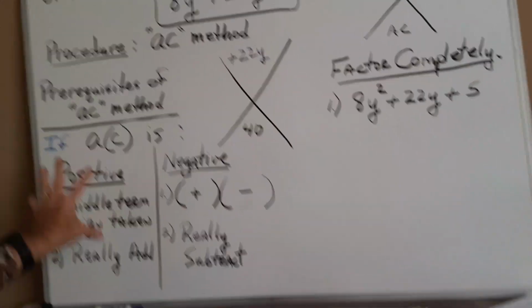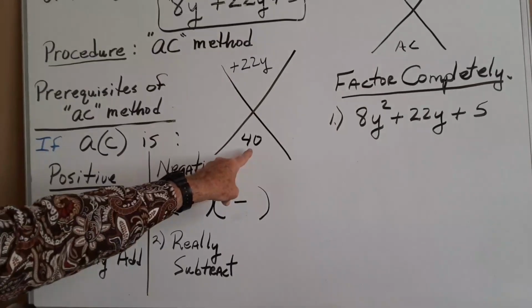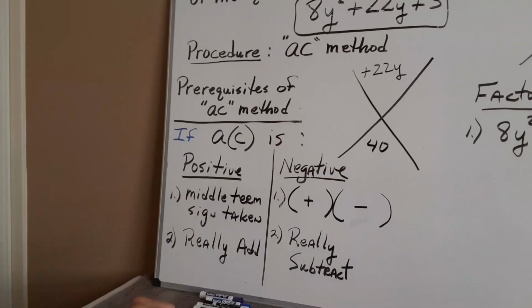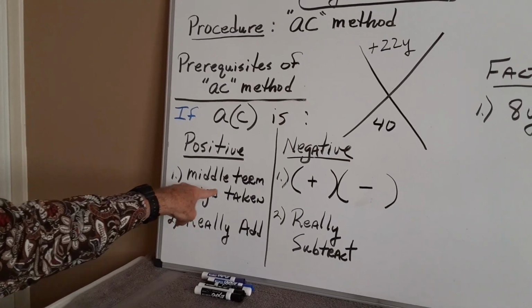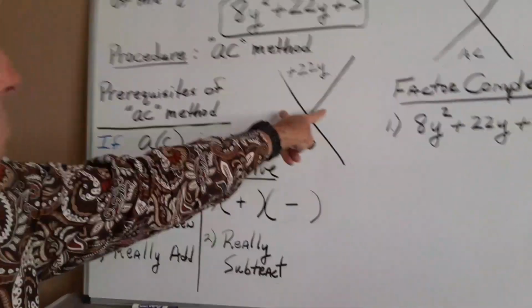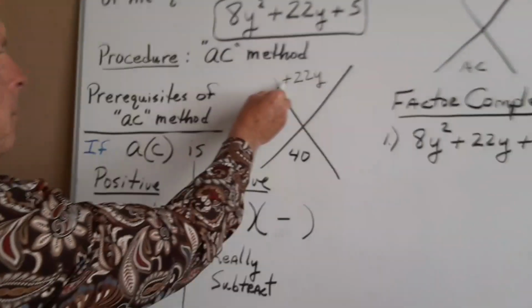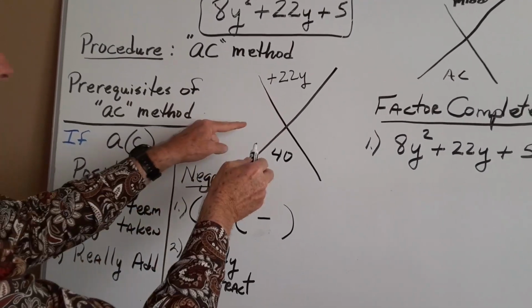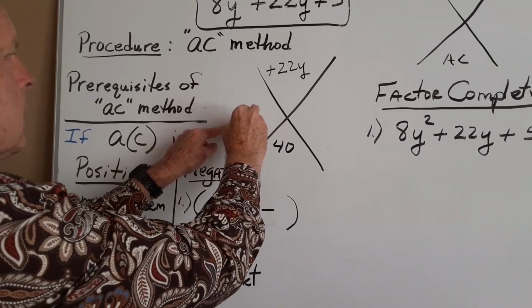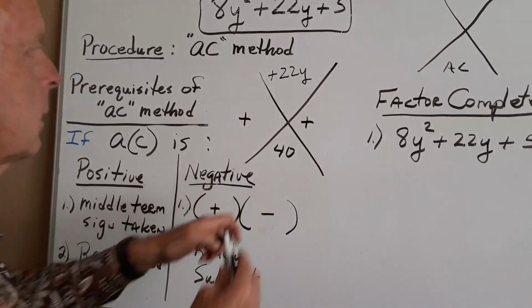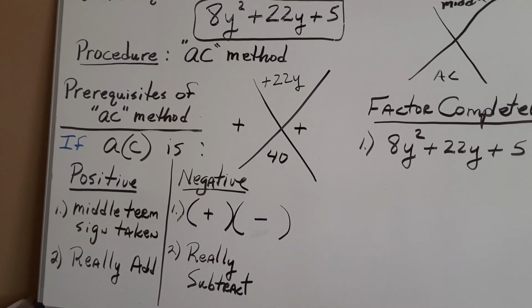Watch as we revolve here. If the sign of AC is positive, the middle term sign is going to be taken for both of our brand new terms. So just go right up here to your middle term and you see that it's positive. Then that means 9 o'clock is going to be positive and 3 o'clock is going to have to be positive.